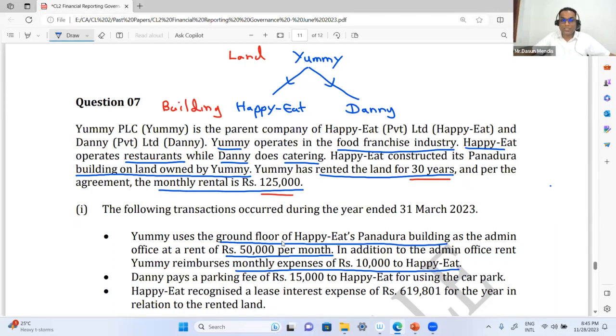So for those, subsidiary is claiming how much? 10,000 per month. That means per month, first of all, parent company is paying 50,000. On the other hand, another 10,000 as expense reimbursements. So two payments are made by Yummy to Happy Eat on a monthly basis. Right?